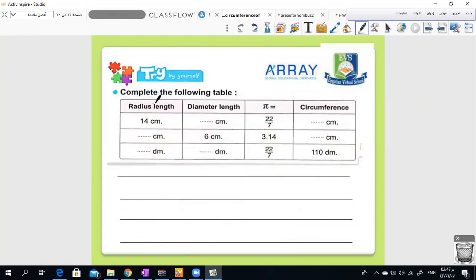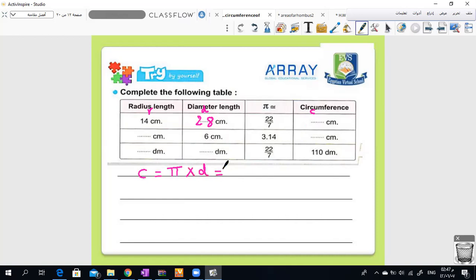Here, in this table, there is radius, diameter, length, pi, and circumference C. If the radius is 14, the diameter is twice or double the radius, so it will be 28. Now, how to calculate the circumference? Circumference equals pi times d.